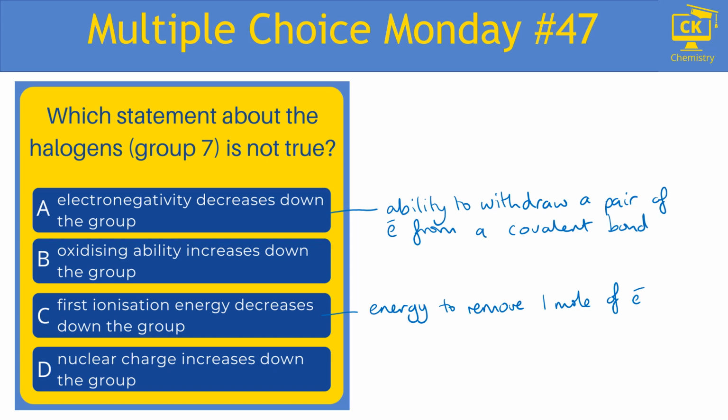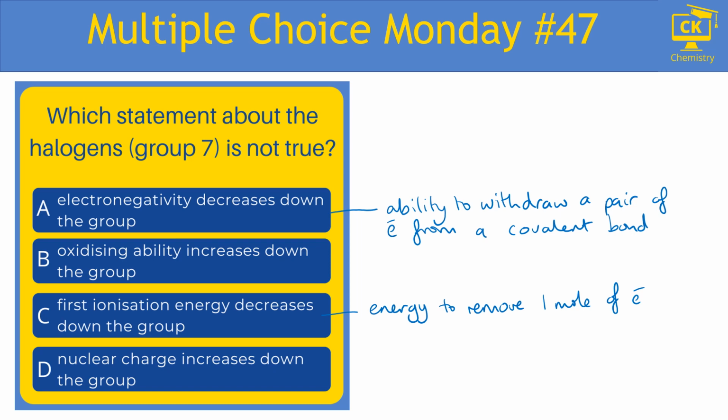The stronger the attraction to electrons, the higher the first ionization energy, and vice versa. So an element that is not very electronegative will have a low ionization energy, because they are two ways of describing the same property of an atom, the ability to attract electrons towards it.